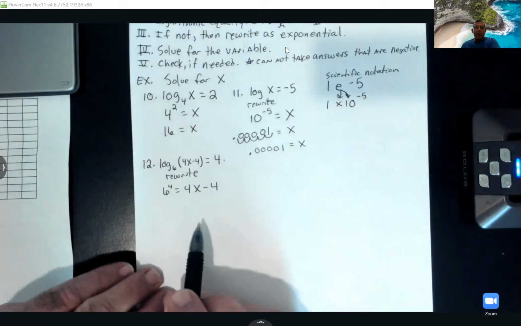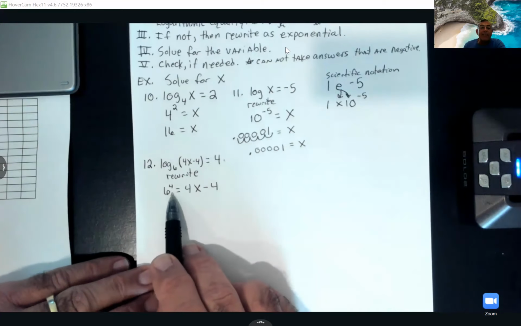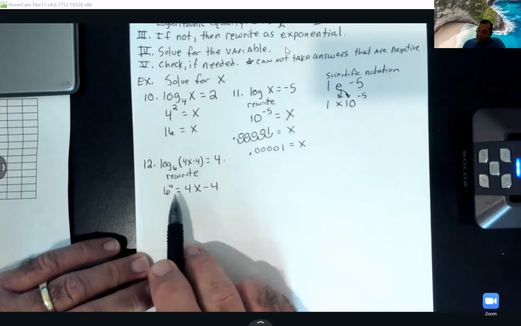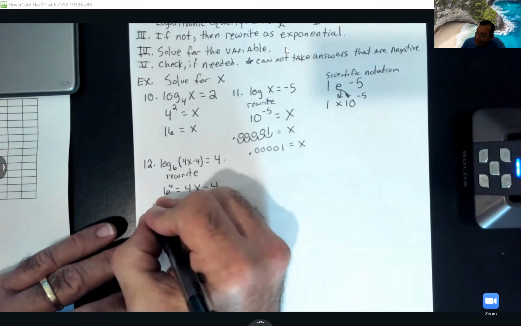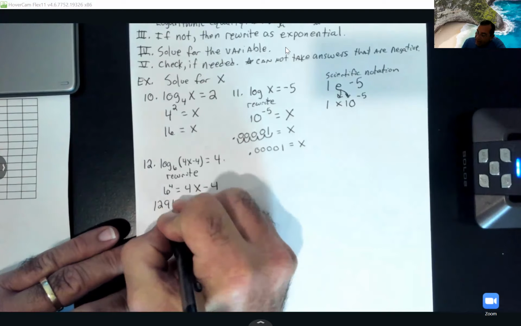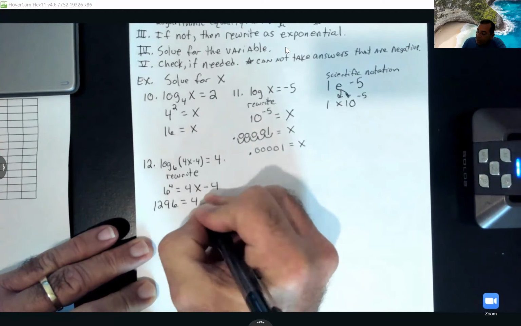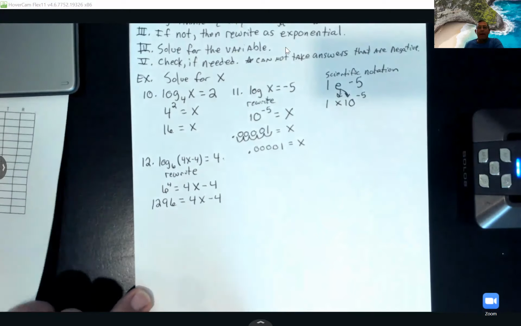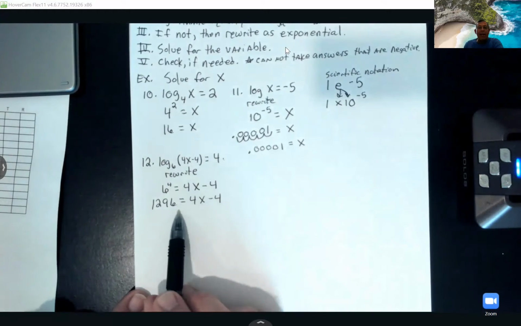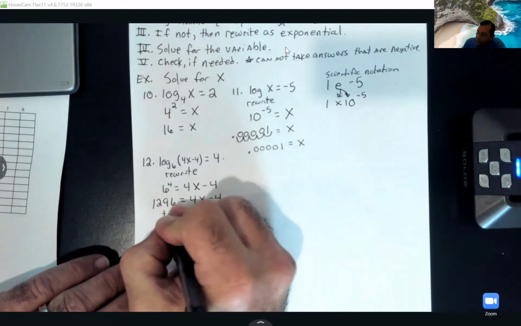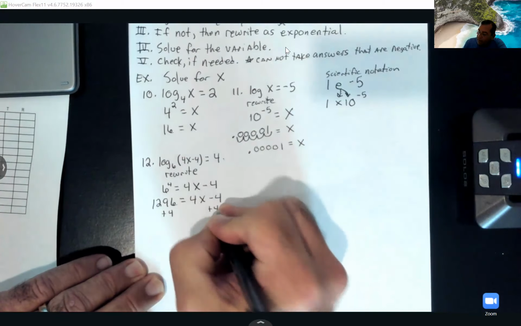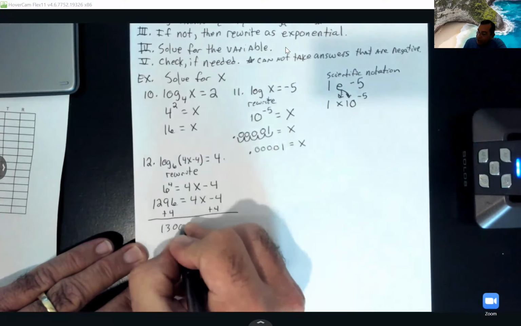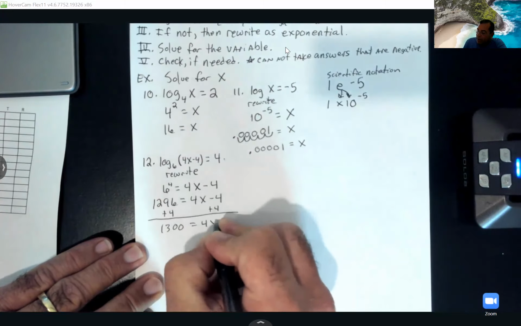All right, so we will figure out what 6 times 6 times 6 times 6 is. Ooh, four 6s give me 1,296. That's going to equal my 4x minus 4. And y'all, to solve this, we're going to add 4. Ooh, that's 1,300 equals 4x.